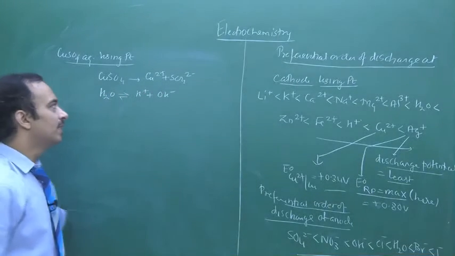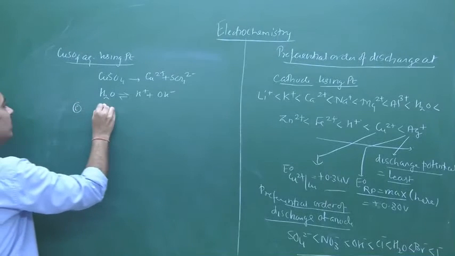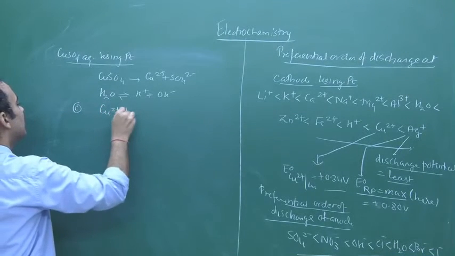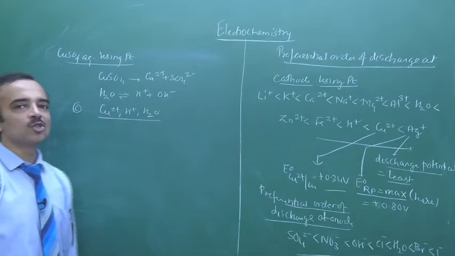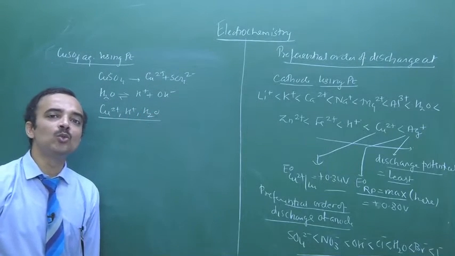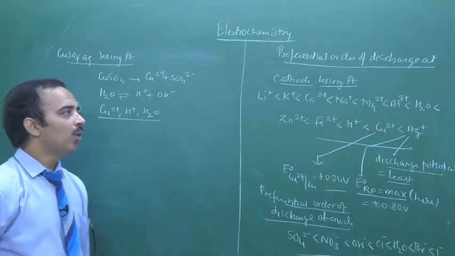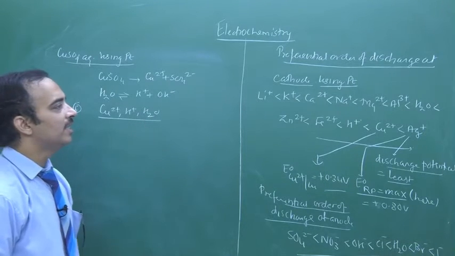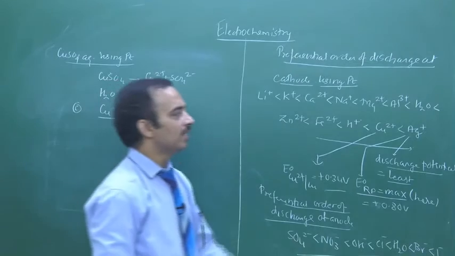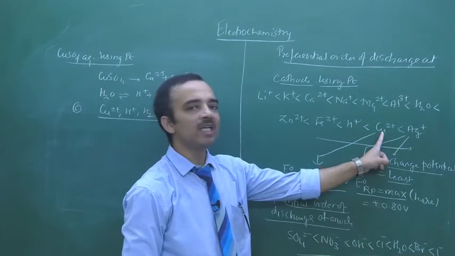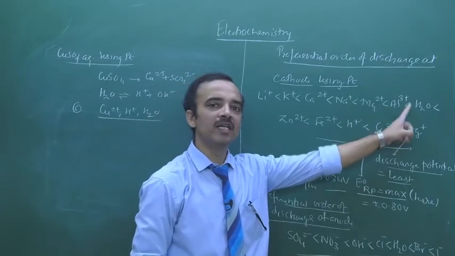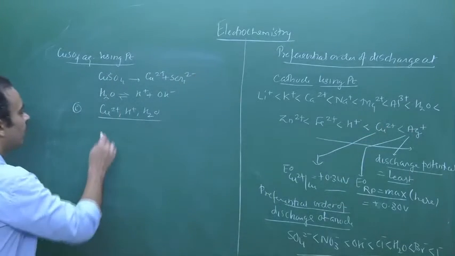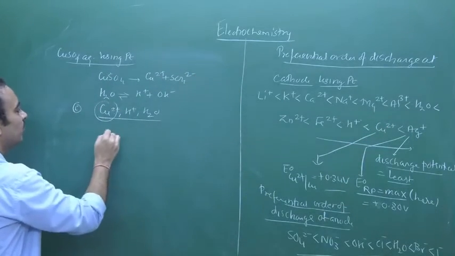At cathode there is competition between Cu2+, H+ and water. There is competition between these three to get reduced. You can see Cu2+ will be reduced in preference to H+ and water. Is it clear?